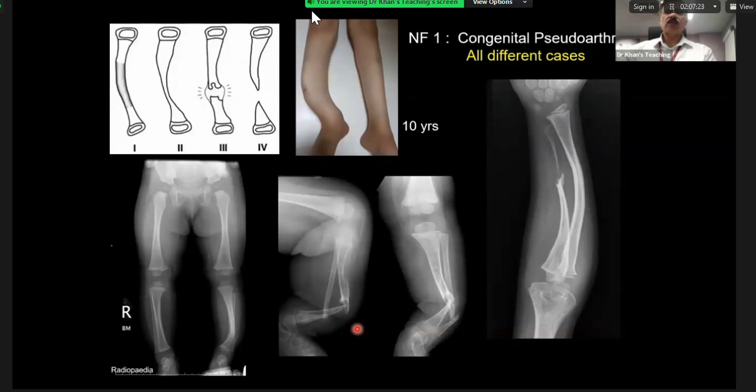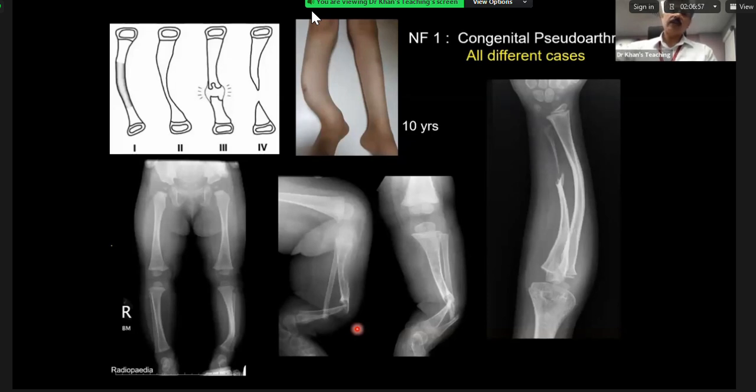In long cases, this might be a film, and with that, some other stigmata of NF1, maybe in an MR of the brain or something. And the unifying diagnosis will be NF1. So what happens is that these patients have dysplasia of the bone, most commonly tibia, but other long bones can be involved.